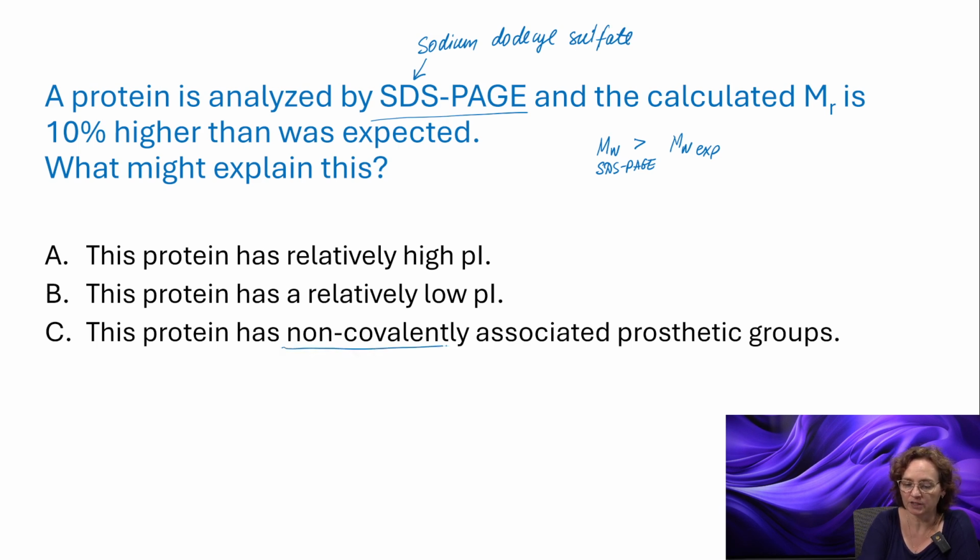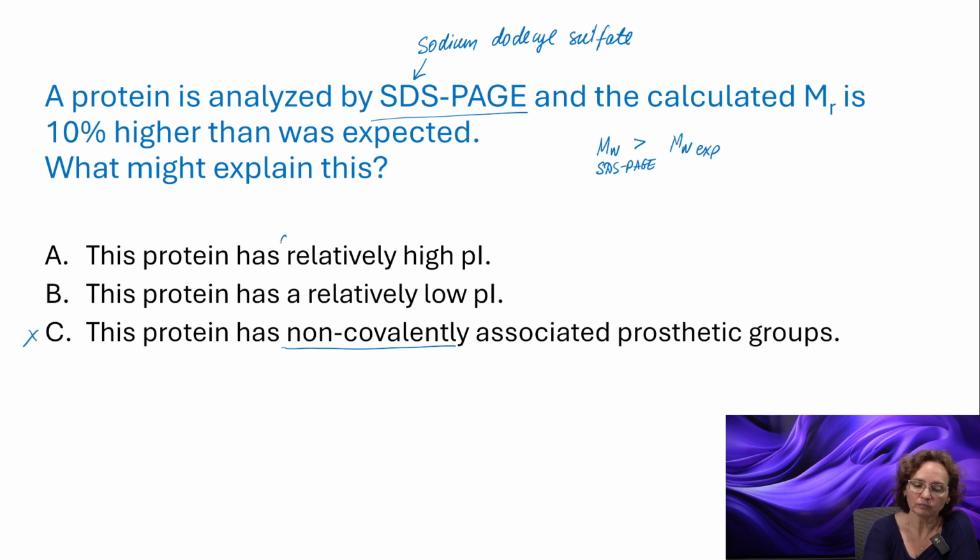And here, for the last option, the keyword is non-covalently associated prosthetic group. So all non-covalent interactions will be disrupted by the presence of sodium dodecyl sulfate. So the prosthetic group will not be able to stay with the protein, right? So we can rule out that option.